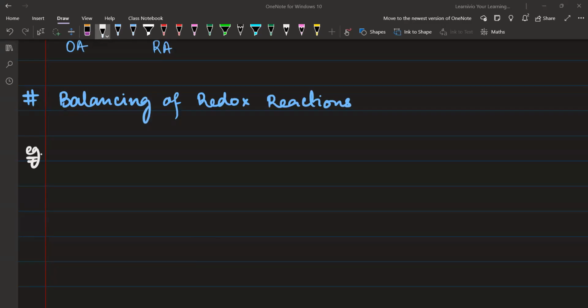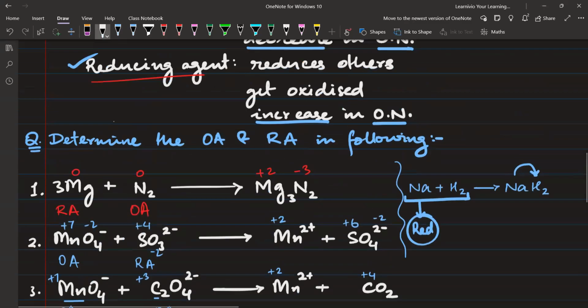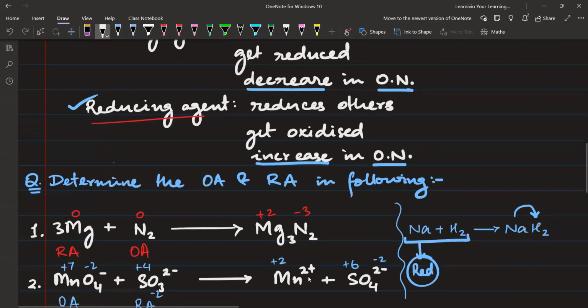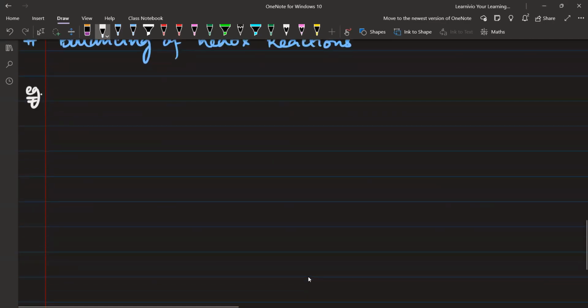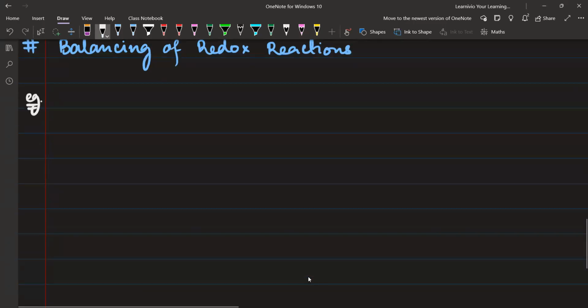Let's take one example that we have already done. The one with CrO7 negative here. Yeah, we have one. Okay, so we have a solution.